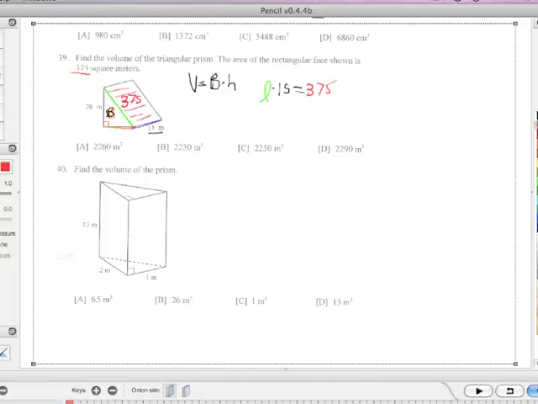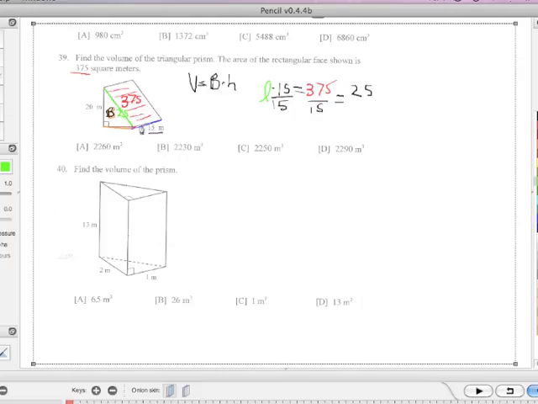Then the length, I'm just going to go to black now, divide both sides by 15, and you see that the length is equal to 25. 375 divided by 15 is 25. So now we have our length, and let me put that in green. We have this is 25.